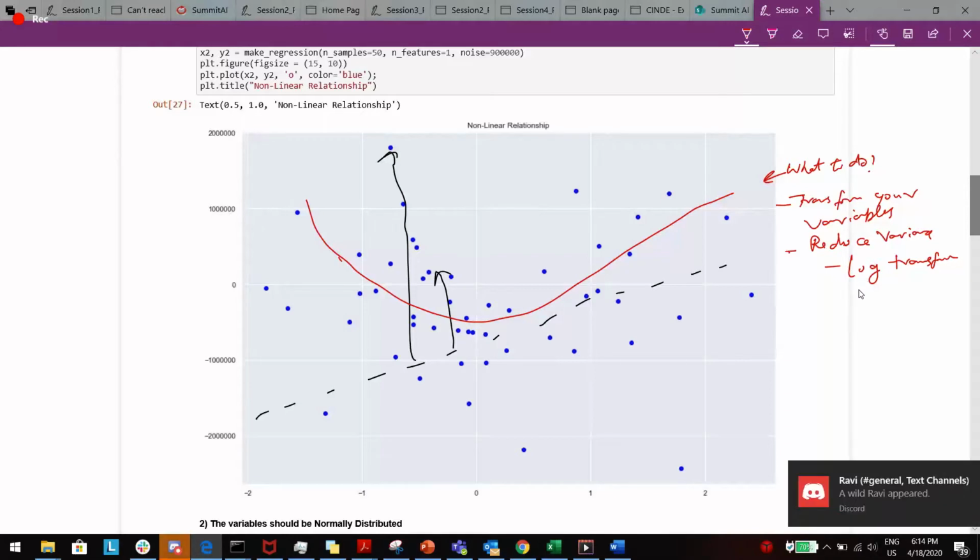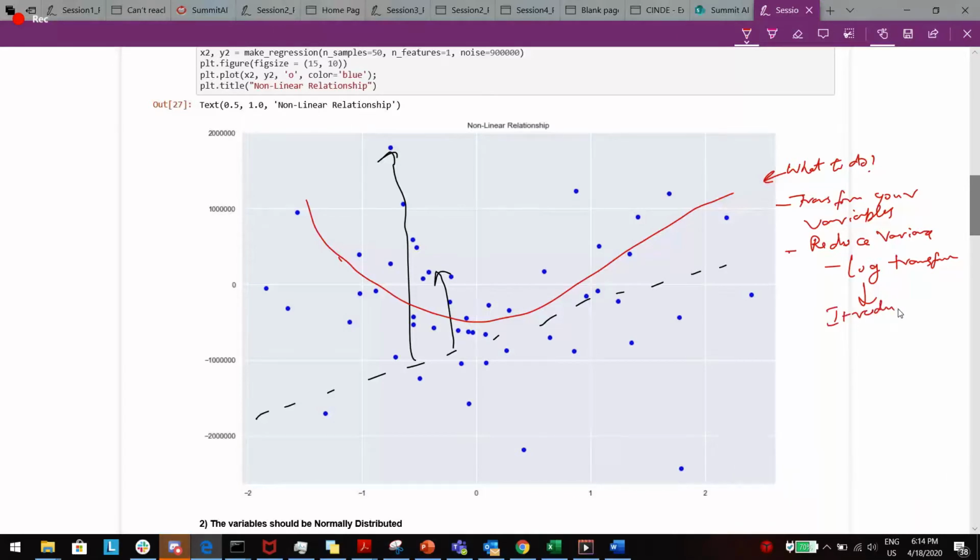The advantage of the log transformation is that it reduces the variance, so the data will appear more linear compared to the noisy, high variance data. Those are a couple of the things we might try to get the relationship close to linear.